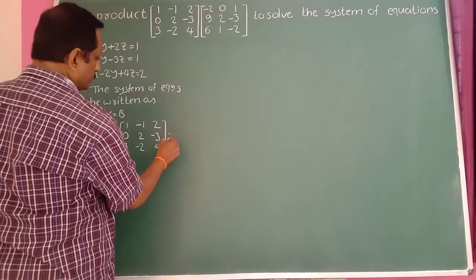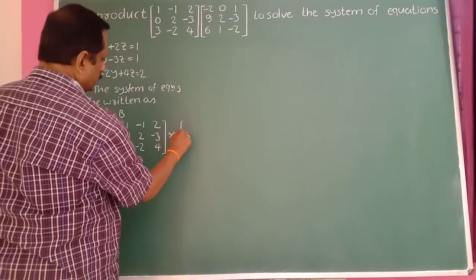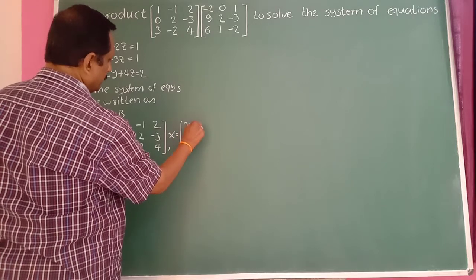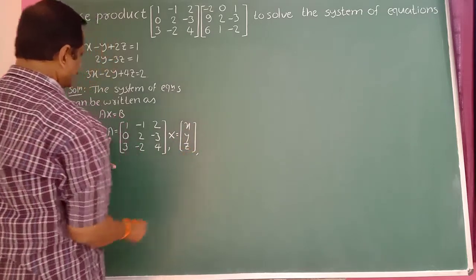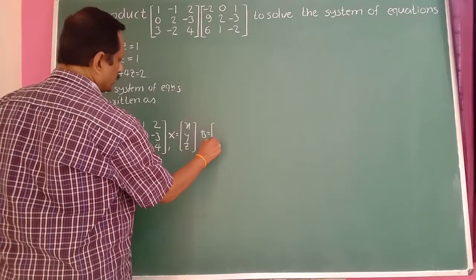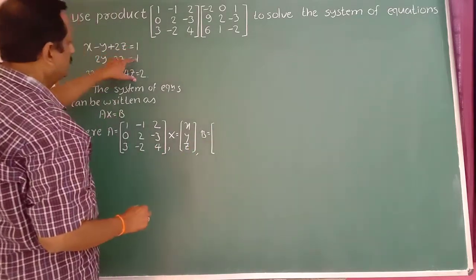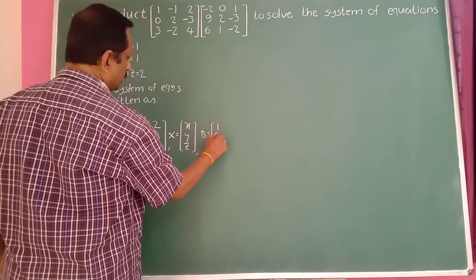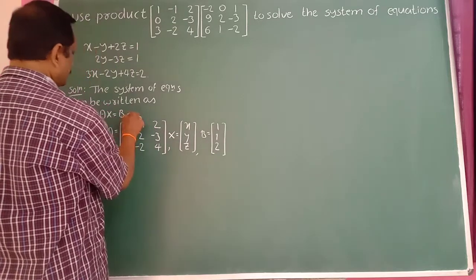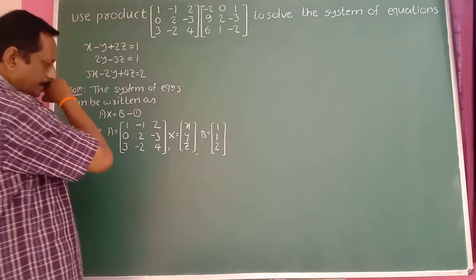Then x is the column of variables x, y, z, and B is the column matrix 1, 1, and 2. Take this one as result number 1.